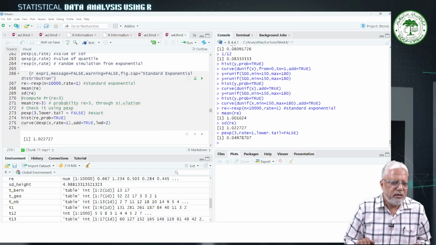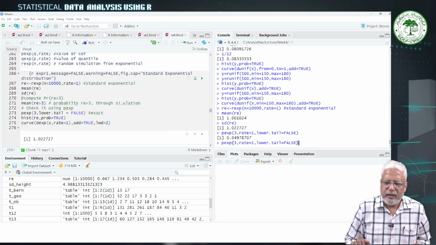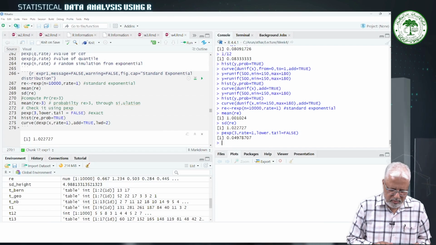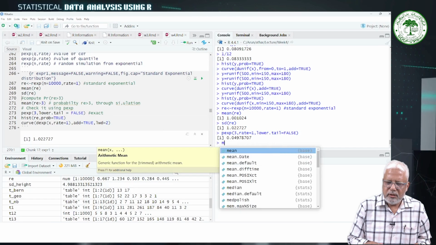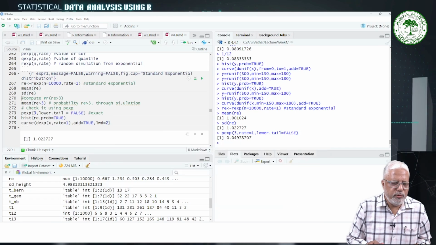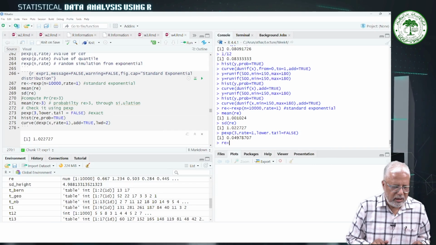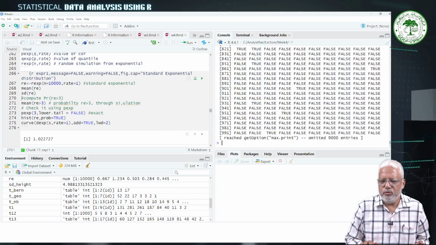The same thing we can compute by simulation also, and that is nothing but the mean of r greater than 3, because to compute this it returns logical values.